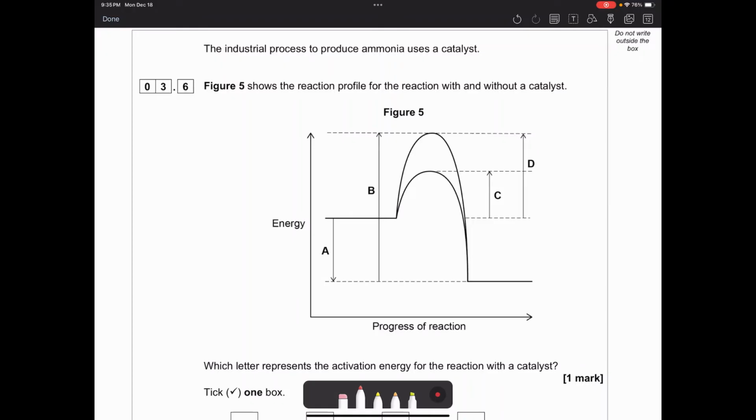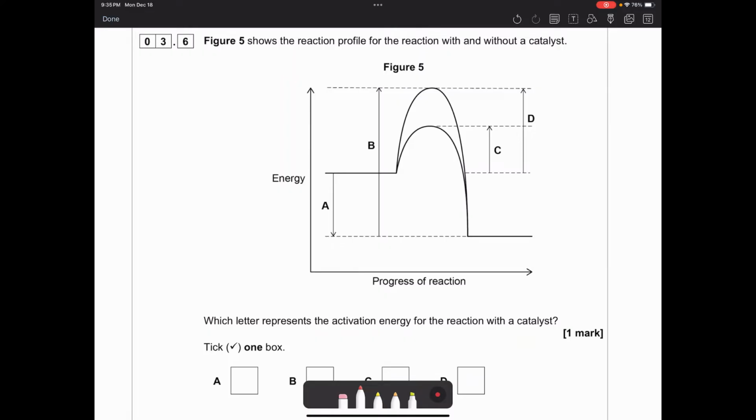The industrial process to produce ammonia uses a catalyst. Figure 5 shows a reaction profile with and without a catalyst. Which letter represents the activation energy for the reaction with a catalyst? So you should remember that activation energy is the bump. It's the size of the bump that you've got in a reaction profile. But which one is with a catalyst and which one is without?